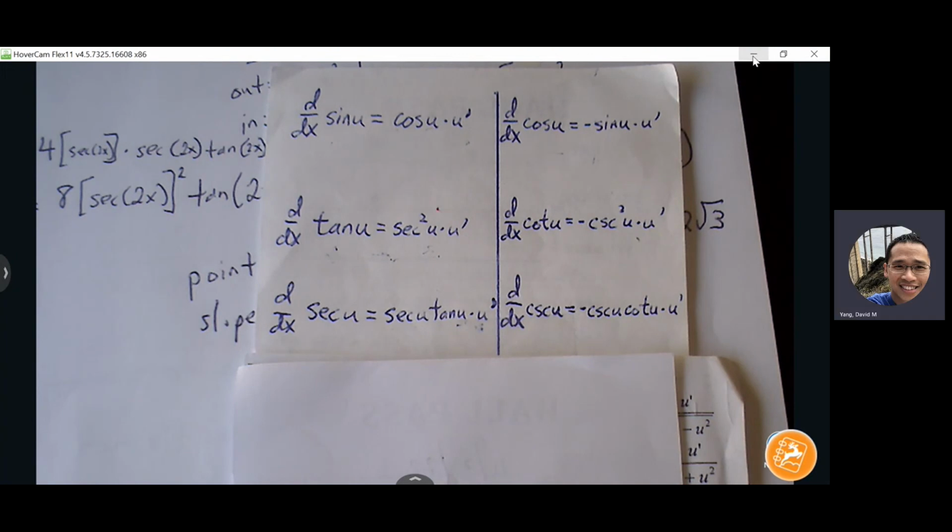Tomorrow I'll provide you a blank unit circle on the quiz, but I'm not going to grade the unit circle. It's just there for your reference.